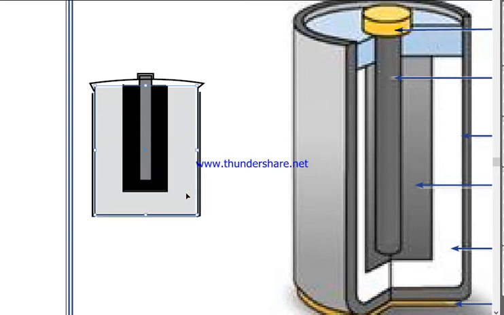And then what happens? The interaction between the ammonium chloride paste, graphite and zinc will extract electrons from graphite and accumulate them on zinc, so that graphite becomes positively charged and is taken as the positive terminal, and zinc becomes negatively charged, so it is taken as the negative terminal.